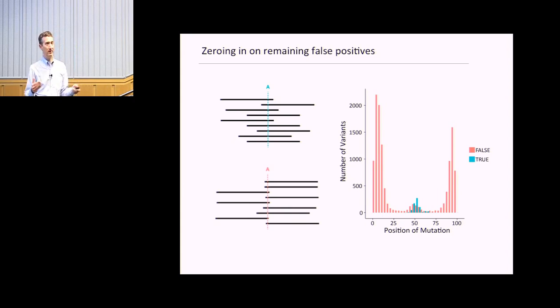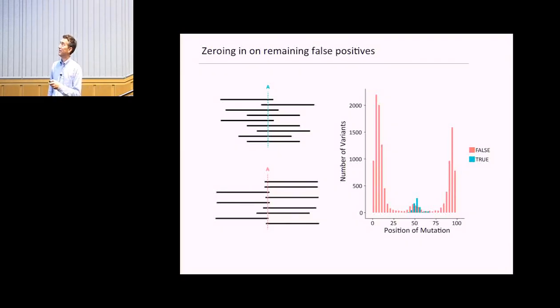One, just to show an example here, is, well, this is plotting the position of the mutation on a 100 base, HiSeq, read 2 by 100, and saying, okay, where is the mutation call on the read on average? And remember, we have high depth of sequence, so we have a lot of reads that call a mutation.